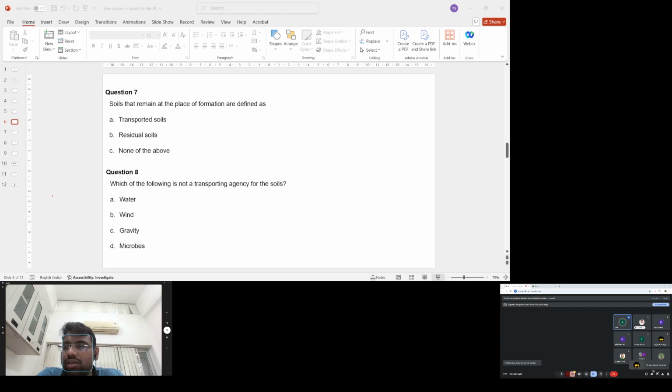Water, obviously, results in alluvial deposits, and wind gives aeolian deposits. And third is gravity. What is the name given to soil that is deposited by gravity?